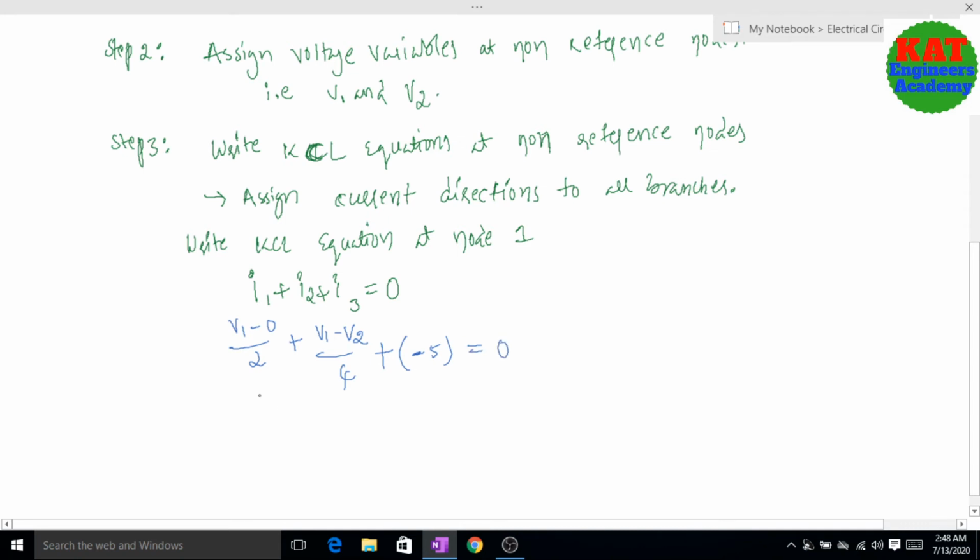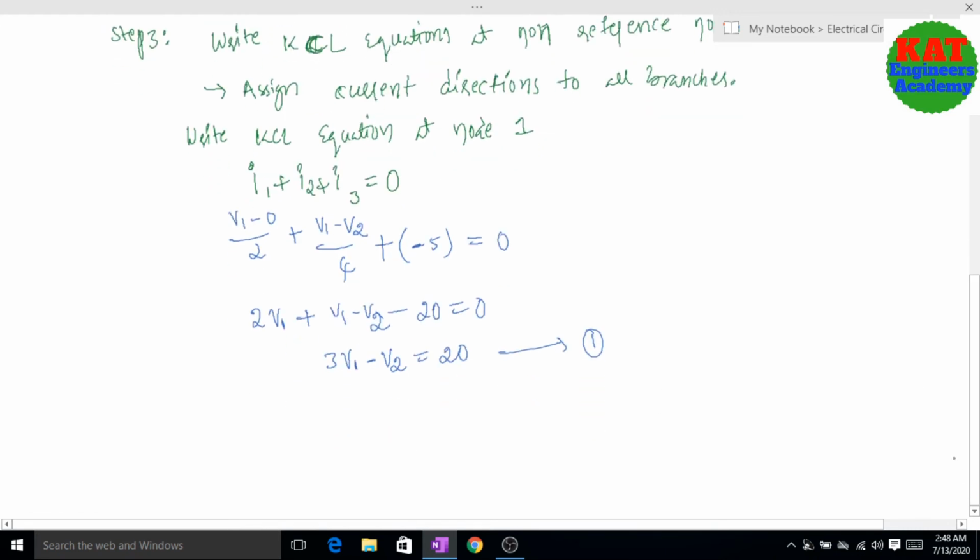Now by simplifying this equation, taking the LCM, we get 2V1 minus 0 plus V1 minus V2, minus 20 equal to 0. So finally we get 3V1 minus V2 equal to 20. Now you have to consider this equation as the first equation.